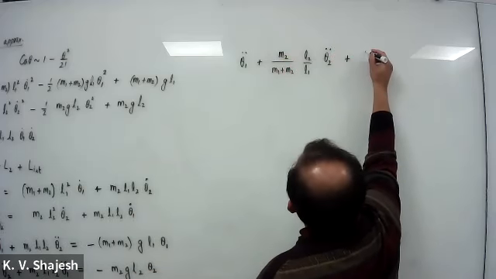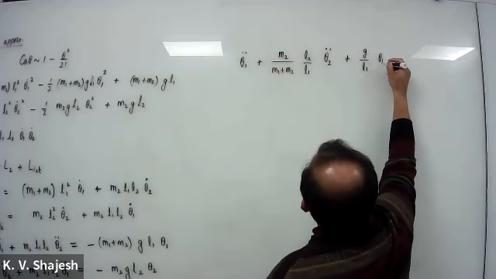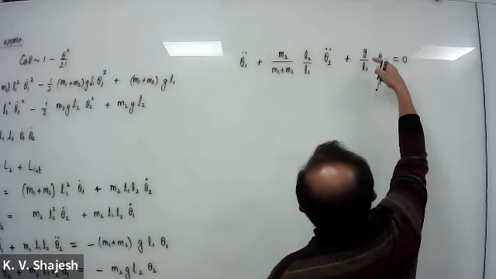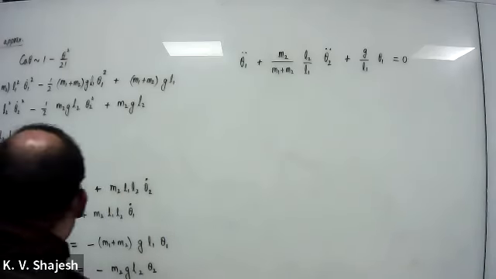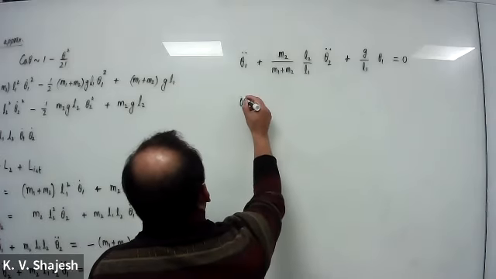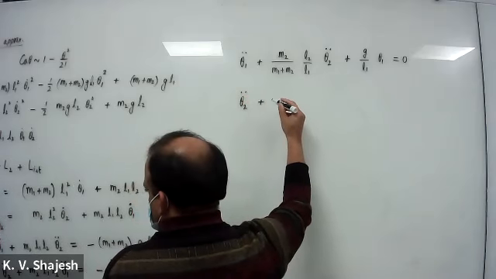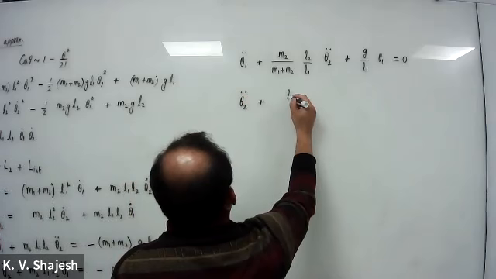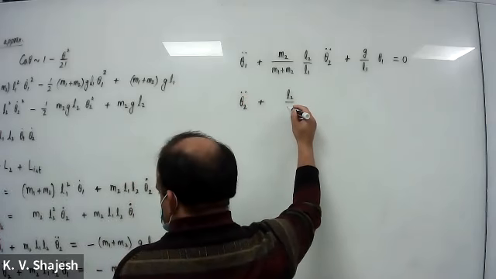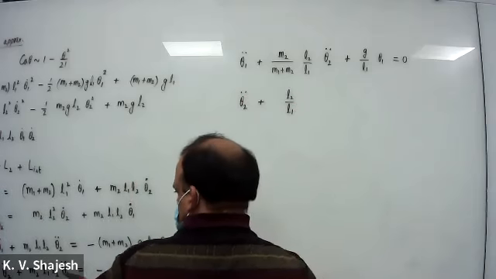This is g over L1 times theta 1. G over L1, remember, is the first pendulum's fundamental frequency. Same thing with the second one, plus L1 over L2.